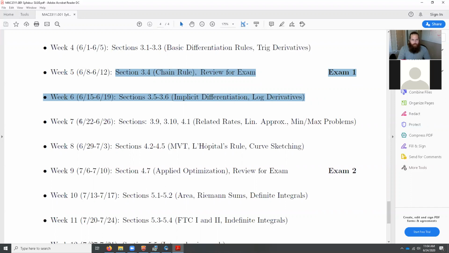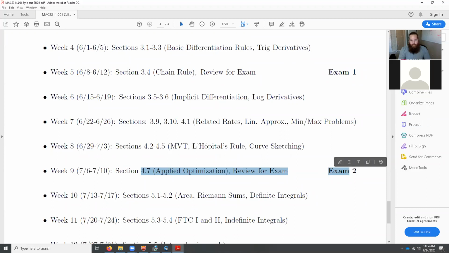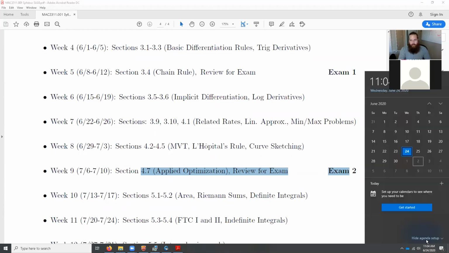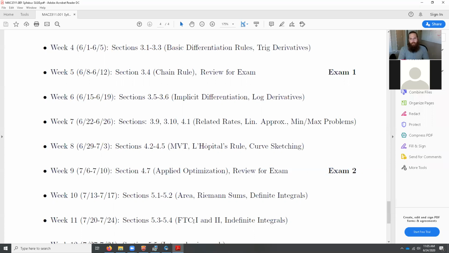And then next week we'll do this. The week after we'll do this. And then the week after we'll be ready for exam 2. So if I had to guess right now, exam 2 will not be next week, not be the week after, but it will probably be the week of the 15th. Yeah, so we'll be behind by about a week and a half. So I would right now expect exam 2 to take place the week of the 15th.